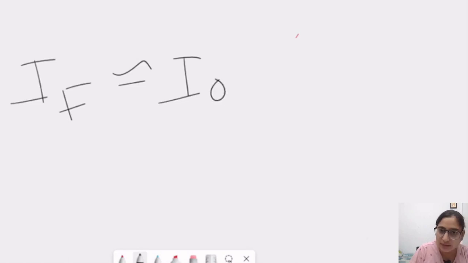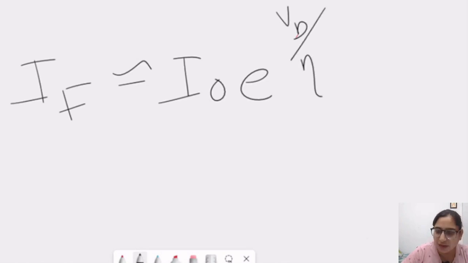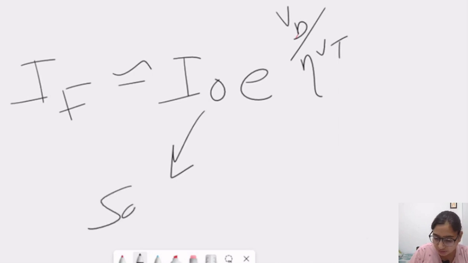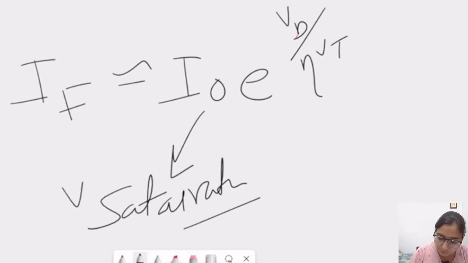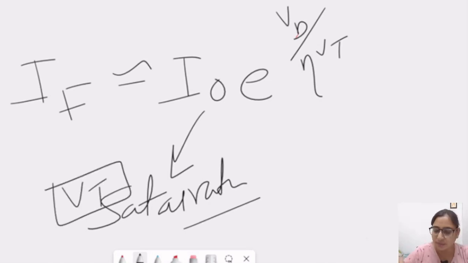The formula of forward current IF is I naught, or saturation current, times e to the power Vd upon eta Vt. This is the saturation current which I already discussed, due to the minority charge carriers or the effect of temperature inside the junction. And this is the sign of exponential.